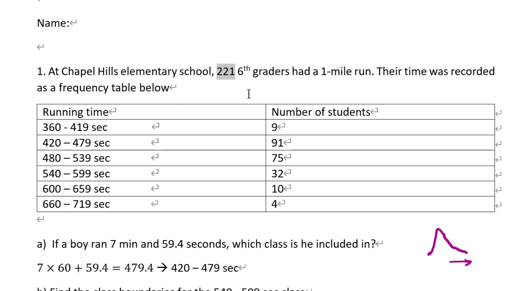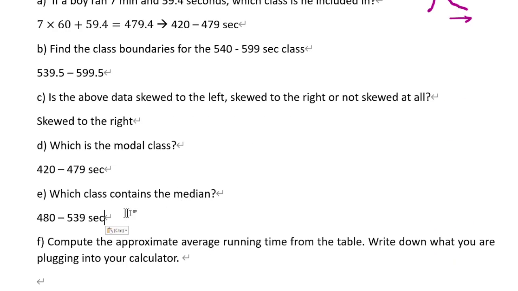So the 111th number would be the median number. And because 9 plus 91 gives you 100, the 111th number would fall in as one of these 75 numbers. Therefore, the median would belong in here. So this is also called the median class. So the class containing the median is called the median class.